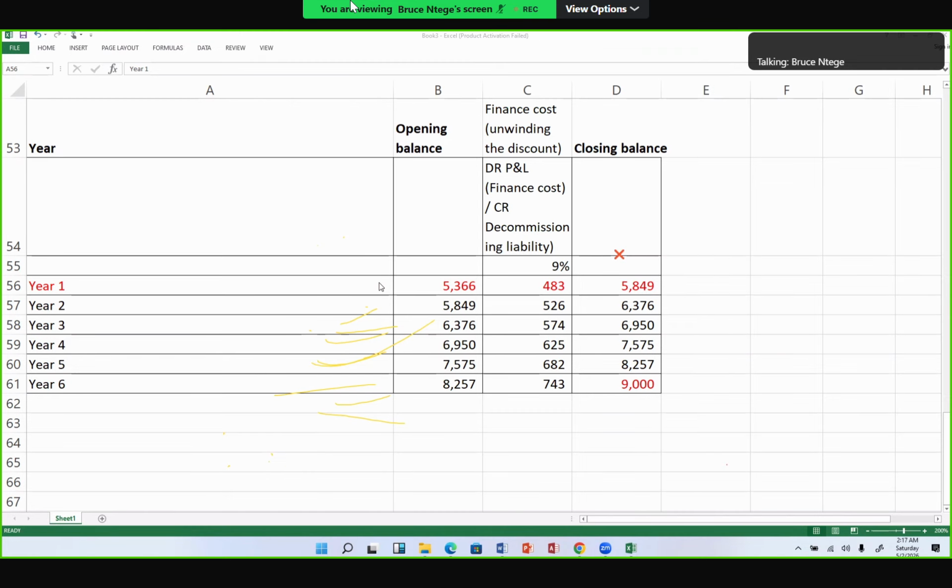The other one says, please tell us the meaning of unwinding the discount. Okay, unwinding, in the English, don't struggle with it. The word unwinding the discount, in accounting, means that you are computing a finance cost.